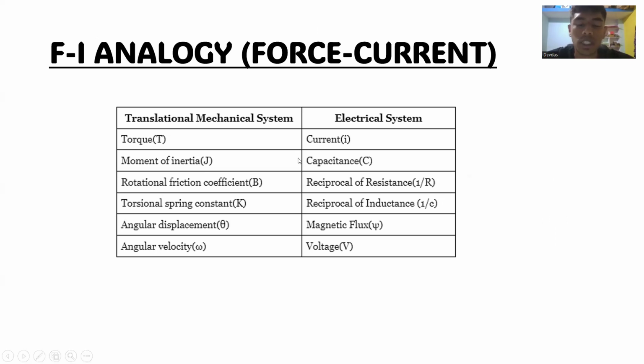These are the respective conversions for each component of the rotational mechanical system. So T, torque, is current; moment of inertia J; C, rotational friction coefficient, which is basically the dashpot; and this is spring constant K; angular displacement theta; and this is angular velocity omega.